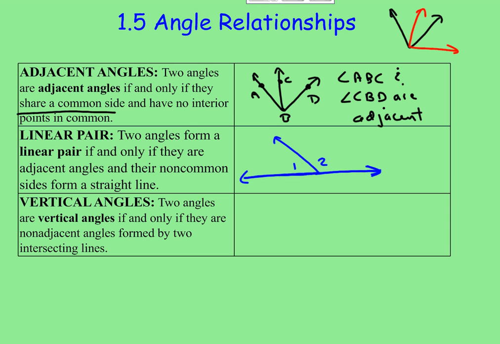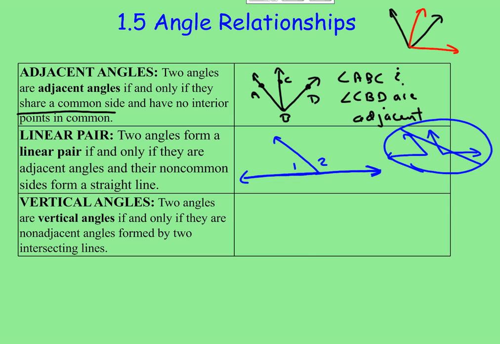They have to be adjacent. While together these might form a line, they're not a linear pair because they are not adjacent. Likewise, they have to form a line. If you have two angles that are adjacent but they don't share a line, they're not a linear pair.